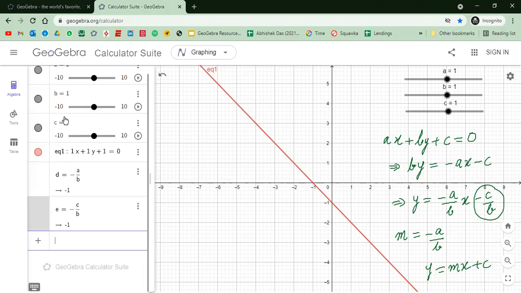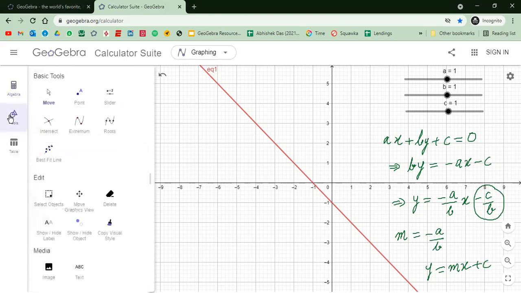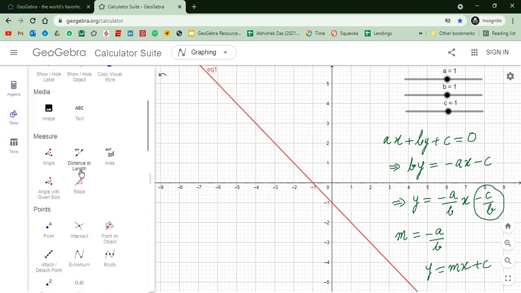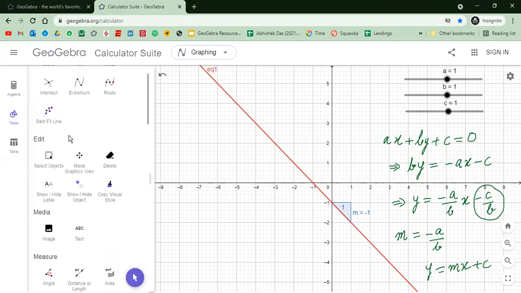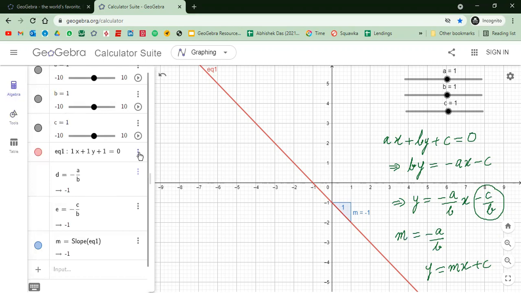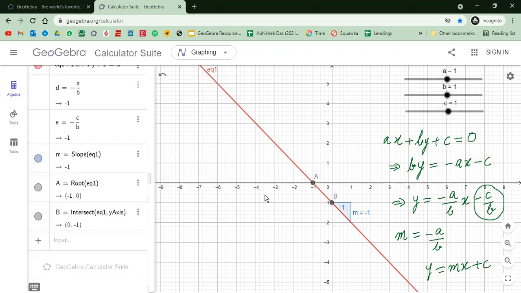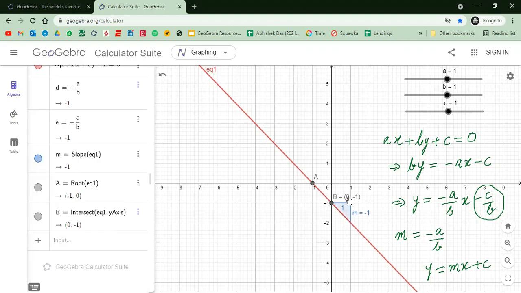Now, if I check the slope of this red line, you should get negative 1. And if I check the special points by clicking on this button, and show the coordinate, the y-intercept will have the coordinate of 0, minus 1, indicating that the y-intercept is negative 1.